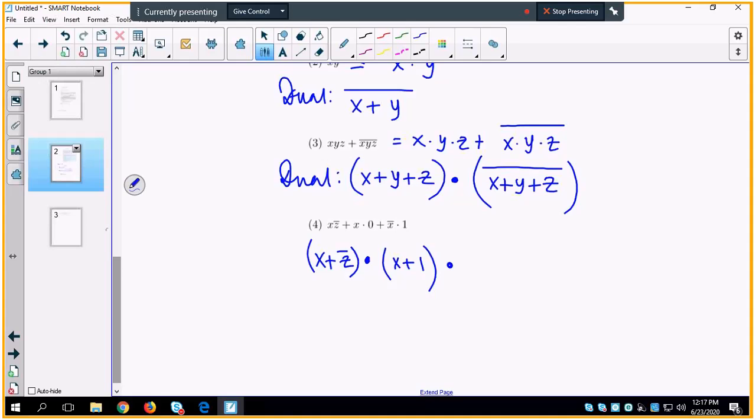Then the plus should be a dot, and finally I do x bar, dot is plus, and 1 becomes 0. And that answers my question for finding the dual of the given Boolean expressions. And that will be the conclusion of this section. And we will go to Module 8, Section 3, where we're going to talk about expression of Boolean functions.